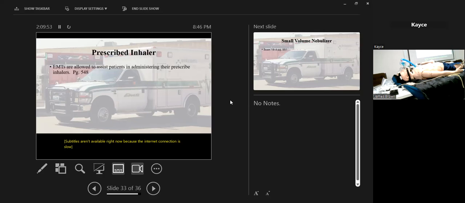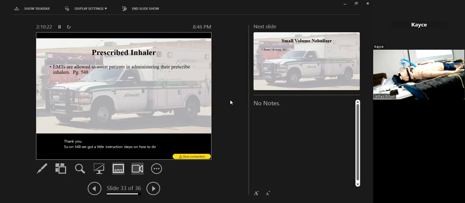All right, on page 548, we have little instruction steps on how to do it.